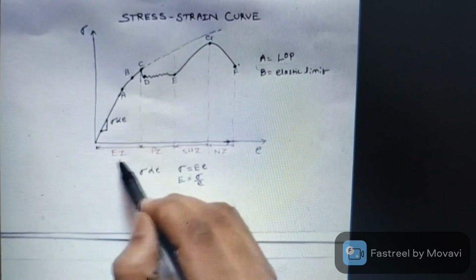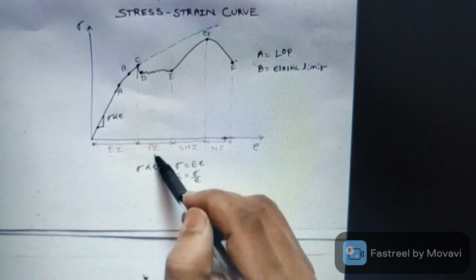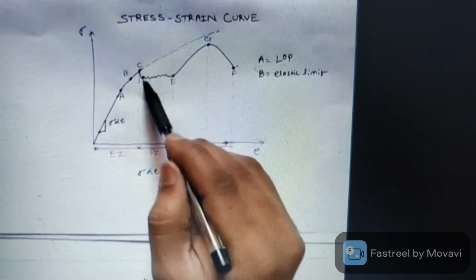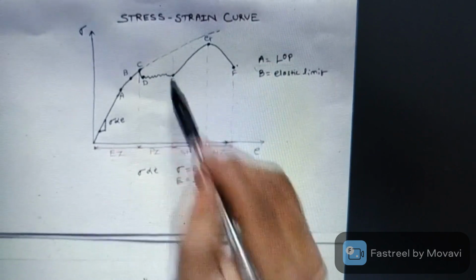This was the elastic zone because the material was regaining its original shape and size. Here it is a plastic zone because the material is not able to regain its original shape. It has undergone into the plastic zone.